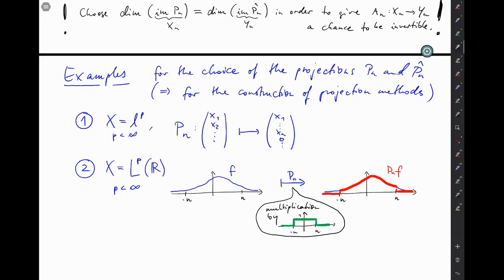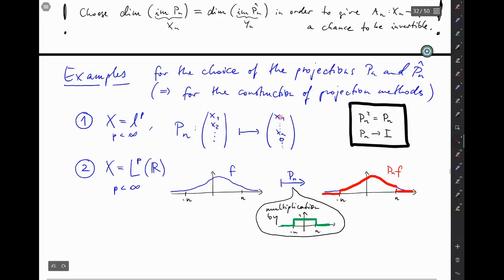Okay, so the properties that we have to check in all our examples are whether Pn is a projector and whether it converges strongly to the identity. Okay, so in the first case, the image of Pn, which is going to be our space capital Xn, is n-dimensional and hence finite dimensional. So you can immediately work with n by n matrices there.